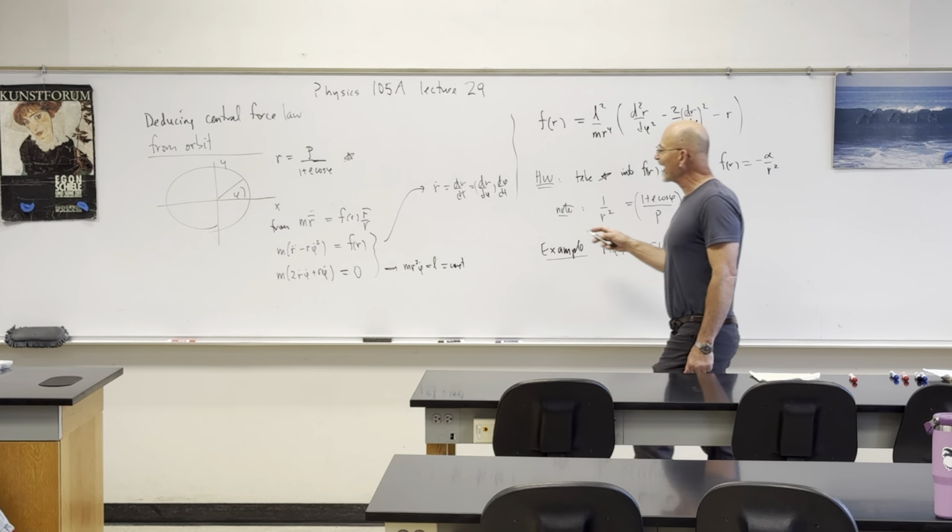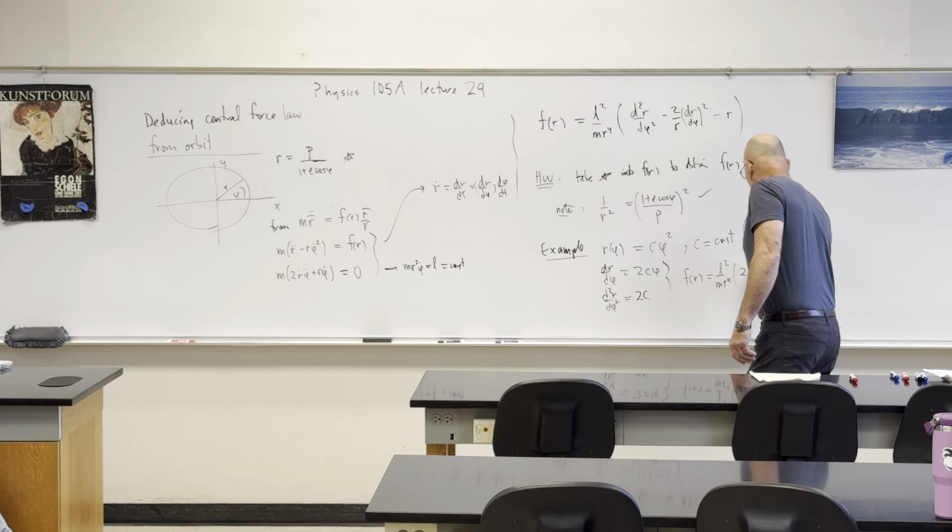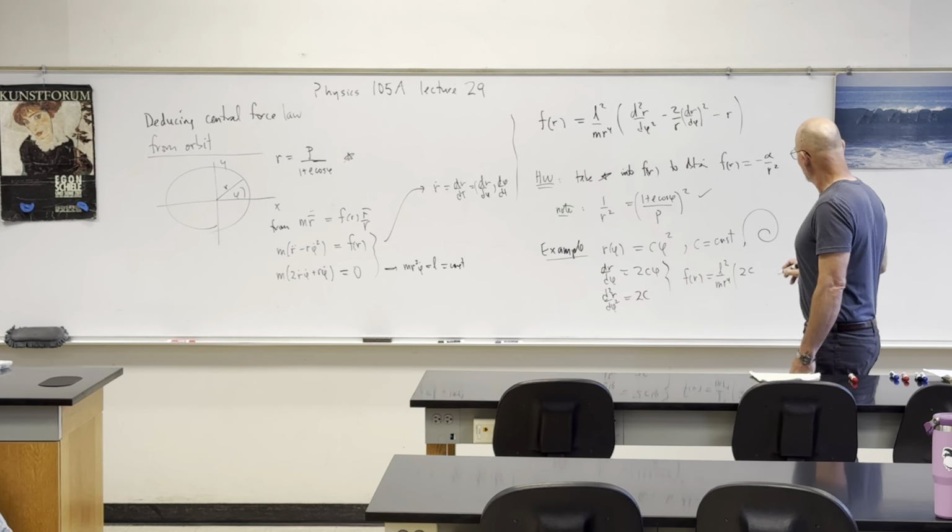So then our force law, we've got L squared over m r to the 4th, d squared r/d phi squared, we have 2 times c, minus 2 over r, and then (dr/d phi) squared is 2c times phi, squared.